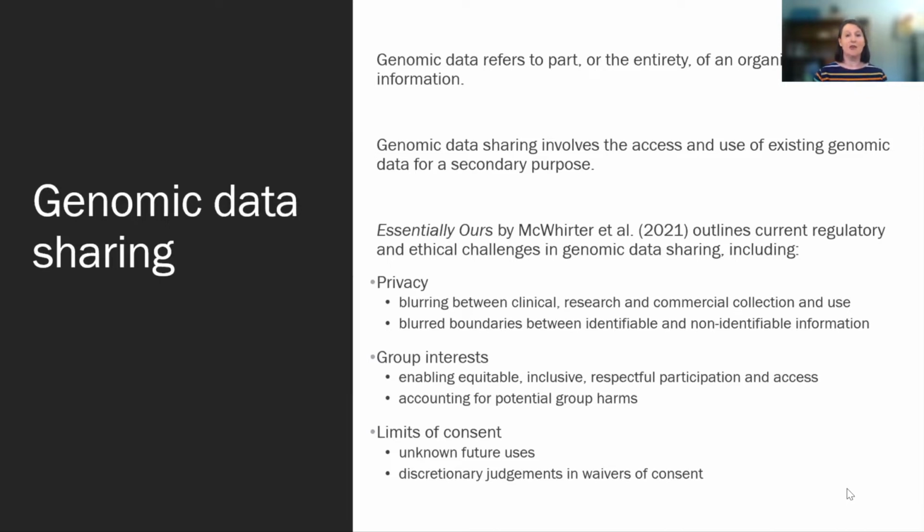So there is an increasing consensus. It is certainly still contested, but there is an increasing consensus that genomic data might now have to be considered inherently re-identifiable. And so there are implications then for how we need to treat genomic data in terms of privacy law. There are also implications for group interests when we talk about genomic information.